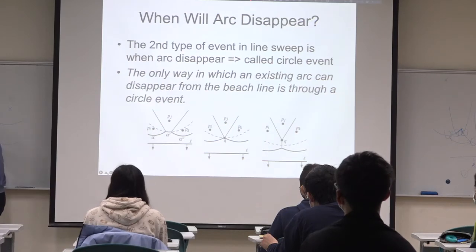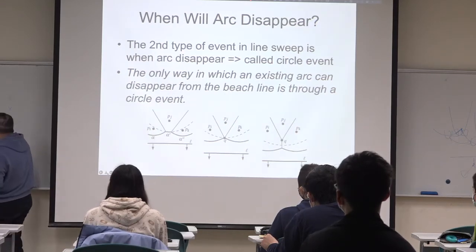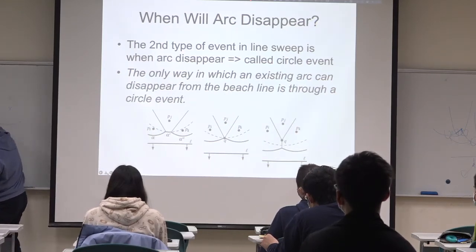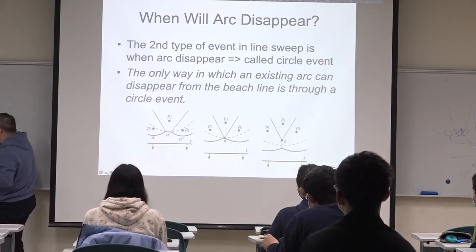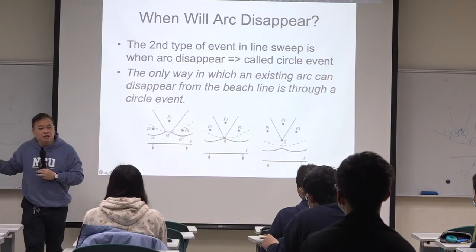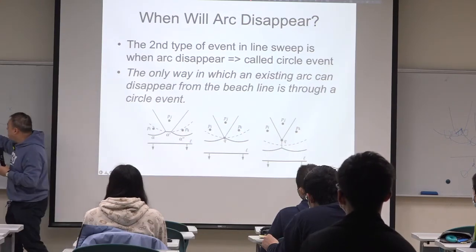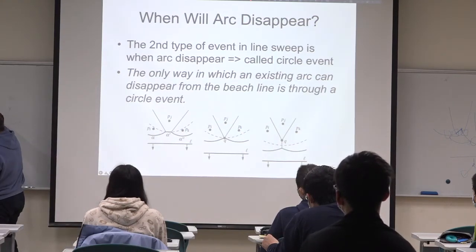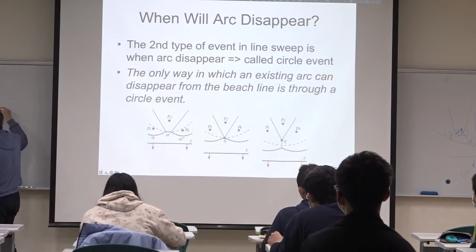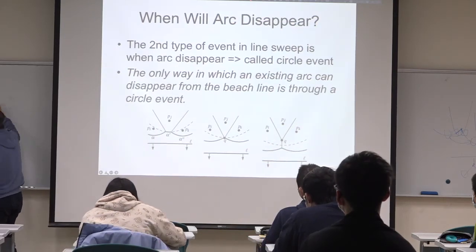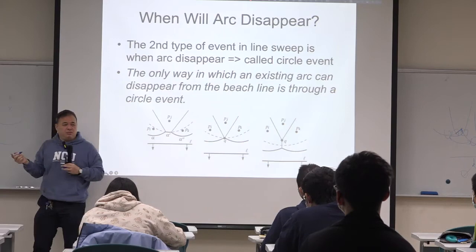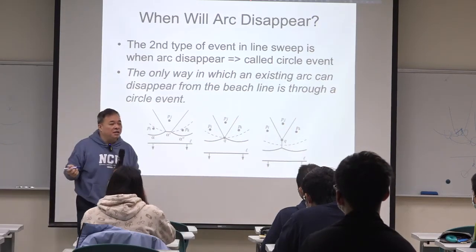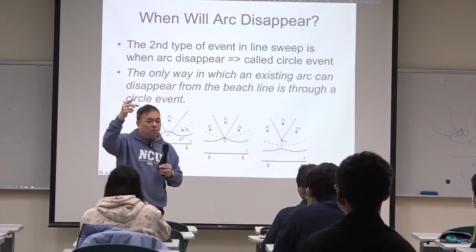And in that case, is this the circle event that occurs here? But when this occurs, obviously, the circle event for these 3 parabolas shouldn't be considered anymore, because one of them is gone.